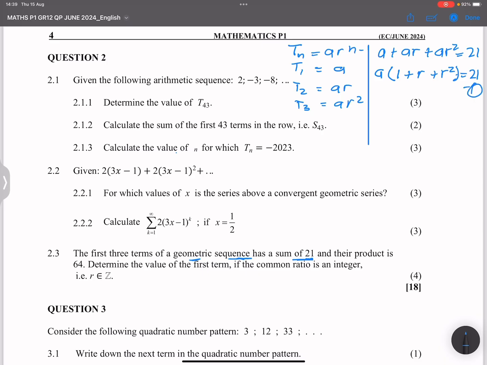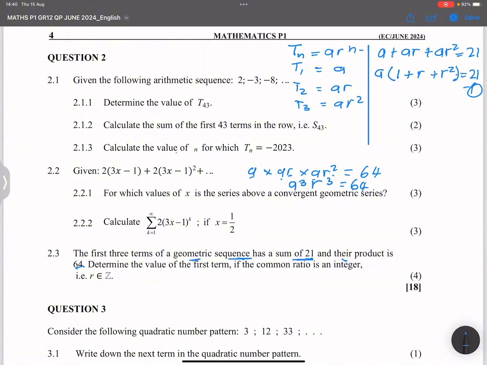Let's call that equation 1. Then they say to us their product is 64. So if we take the product of all of these, this will be a multiplied by ar multiplied by ar squared, and this will be equal to 64. If we multiply all of those together, a times a times a will be a cubed, and we've got r times r squared. The bases are the same, so we add the exponents. So that's r cubed, and a cubed r cubed is equal to 64.